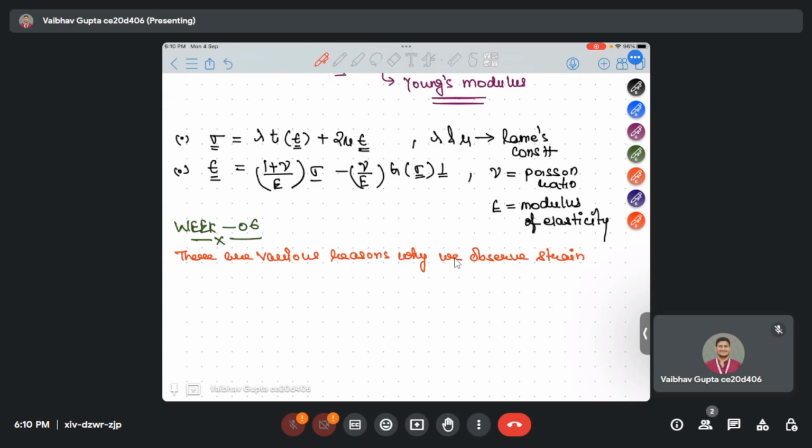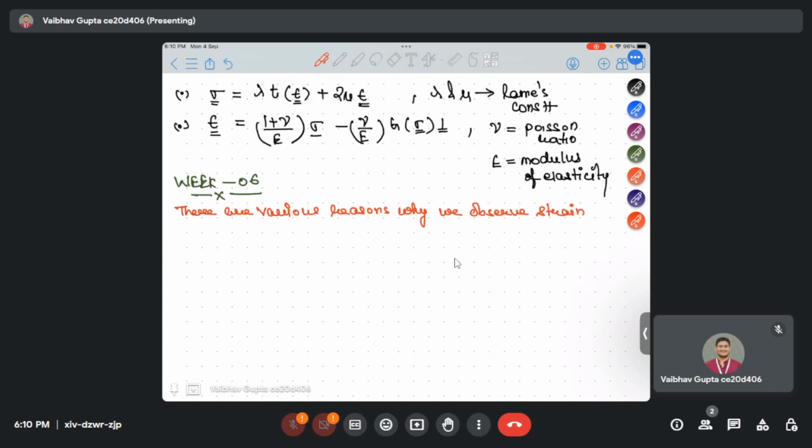What we are observing is known as observed strain. This is nothing but a combination of various strains, for example, mechanical strain plus thermal strain, and so on. For this course, only two types of strain are required. That's why I have only put epsilon mechanical strain and epsilon thermal strain.